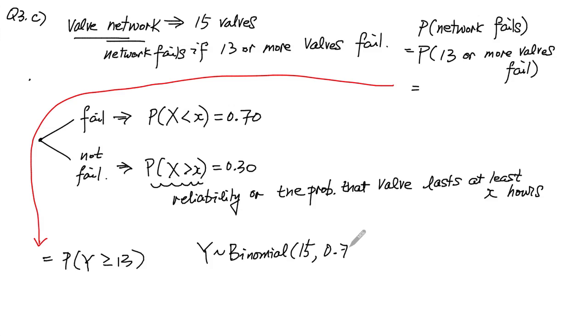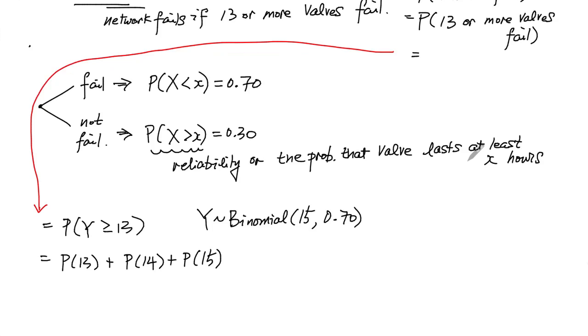We want to know the number of failures out of 15 trials. So the network fails when either 13 of the valves fail, or 14 fail, or 15 fail. And each of these has a binomial distribution.